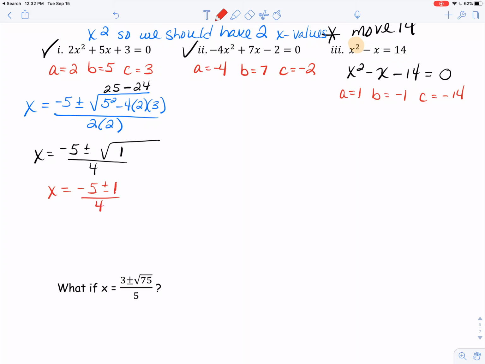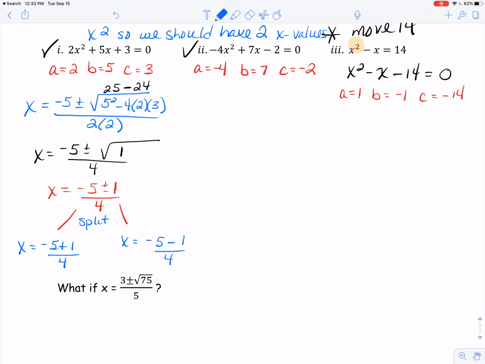Alright, at this point, you are ready to split it into two different equations. So split. So we've got x equals negative 5 plus 1 divided by 4, and we've got negative 5 minus 1 divided by 4.